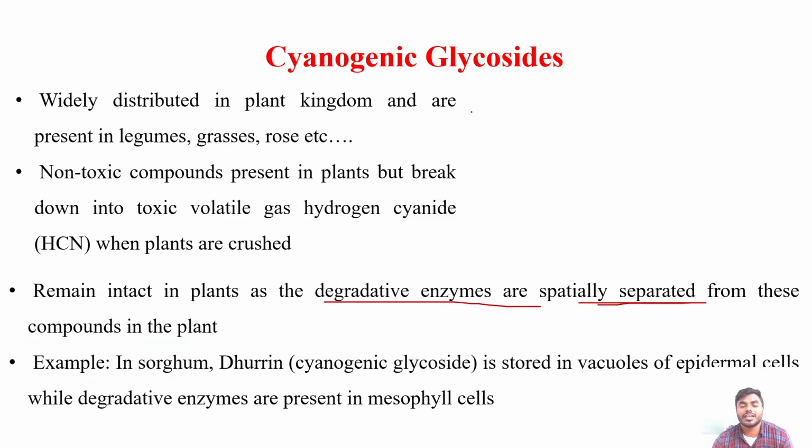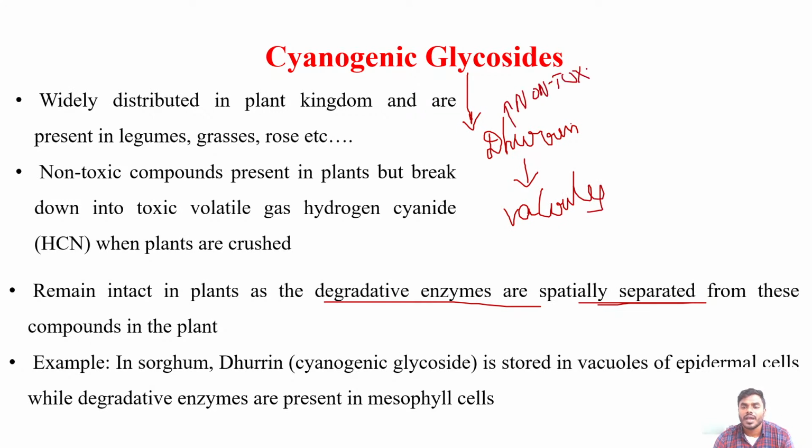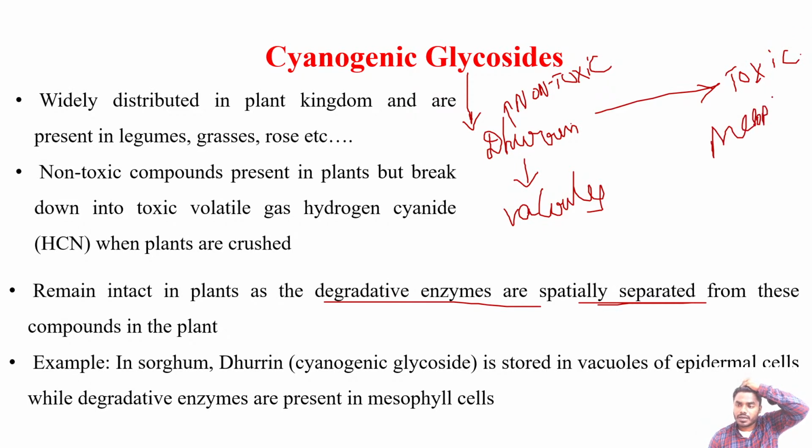What do you mean by that? There is an example of a cyanogenic glycoside named dhurrin. The dhurrin is present in the vacuole, and it is present in which form? Non-toxic form. If I want to convert this non-toxic form to the toxic form, I require certain enzymes. But where are those enzymes present? Enzymes are present in the mesophyll cells.